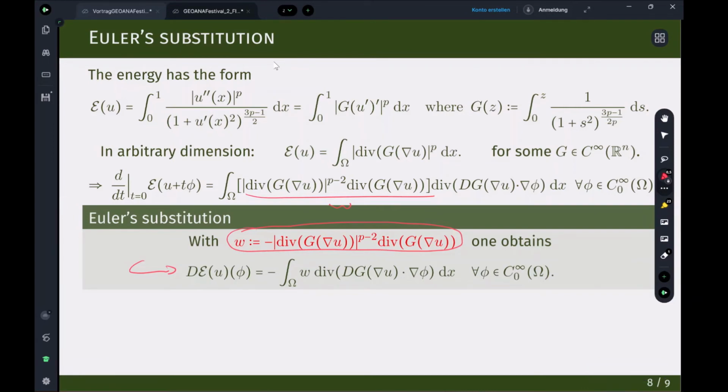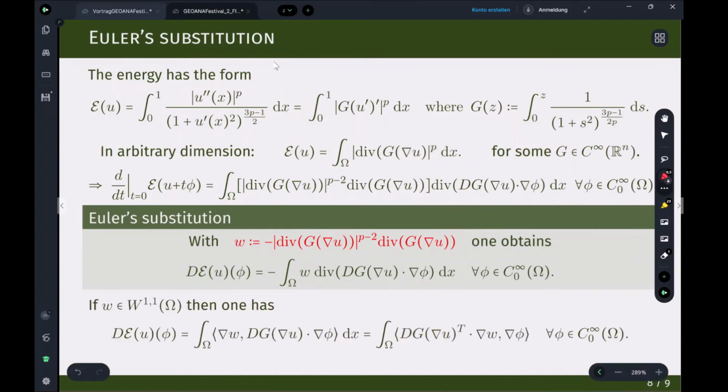And if you now integrate by parts formally, like you shift the divergence over to the w, then you get this expression, at least if this w is regular enough, but this w is exactly what you get if you perform this Euler substitution I already gave to you, so it is definitely regular enough.